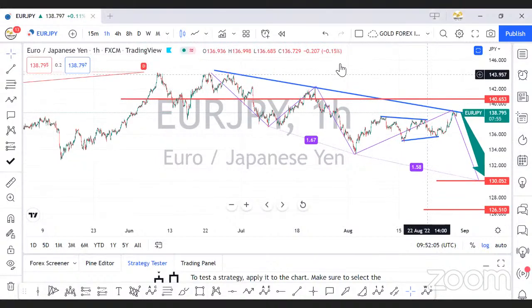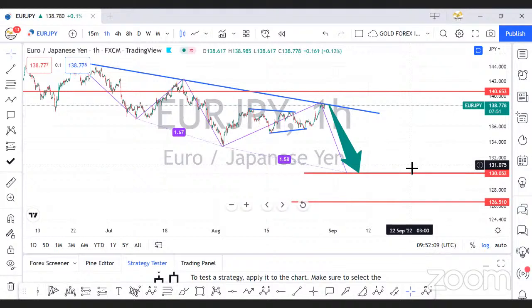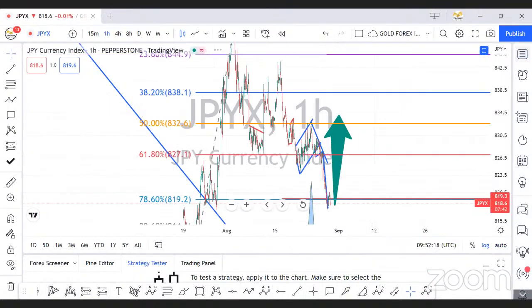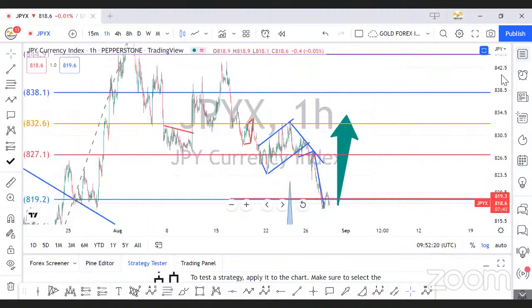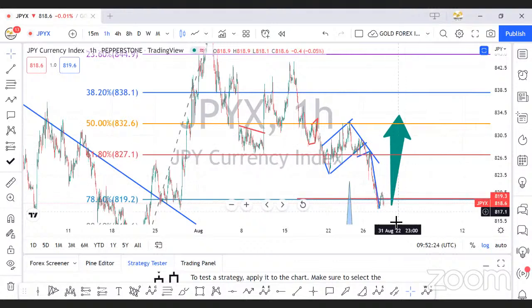It all depends on the Japanese yen index. We are watching that index, whether it will break up from that level or it's going to form the Gartley pattern over here. If it should go up to complete the Gartley pattern, then it's going to hold.